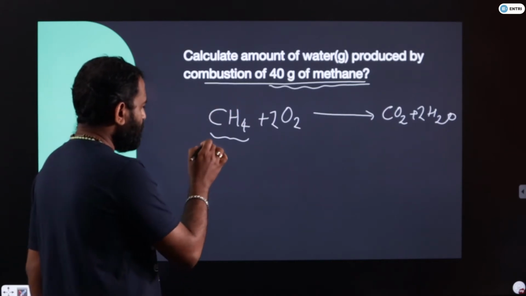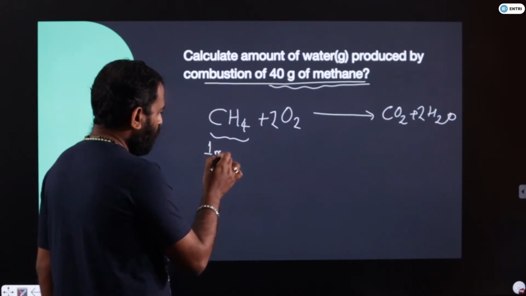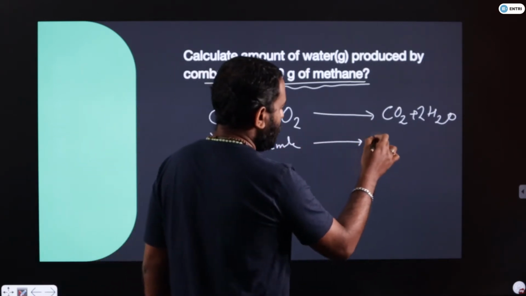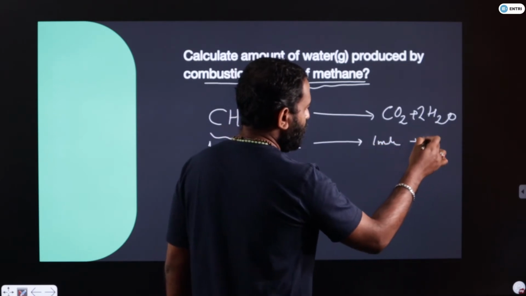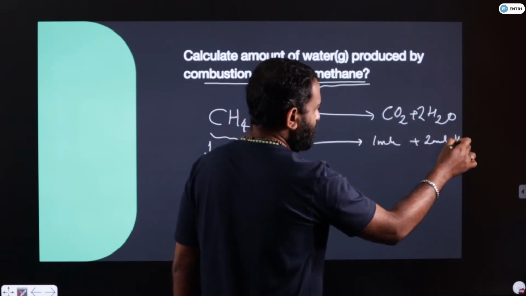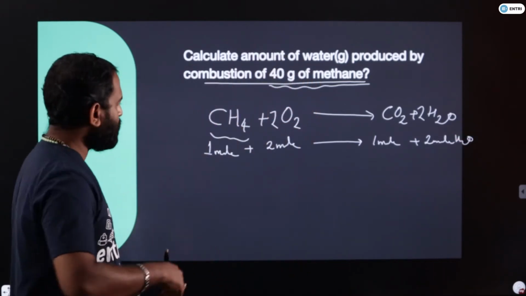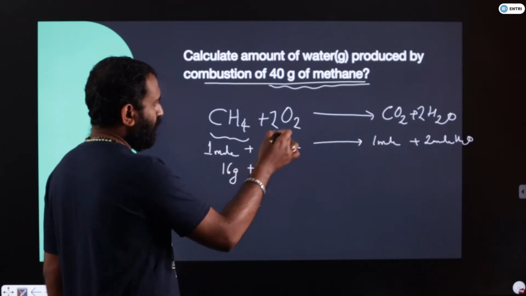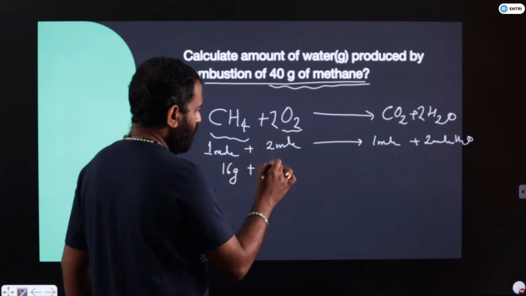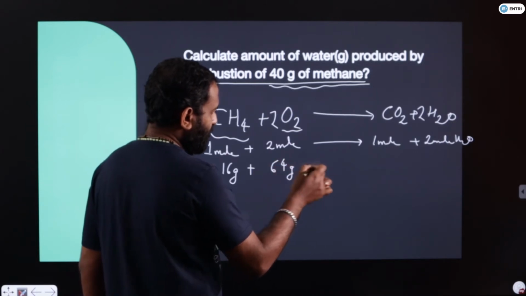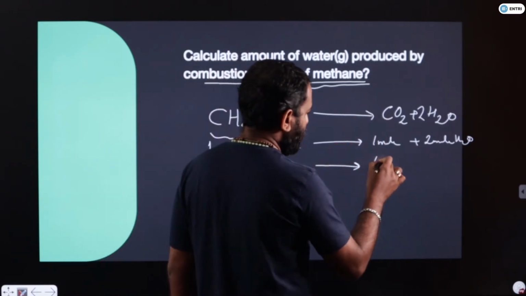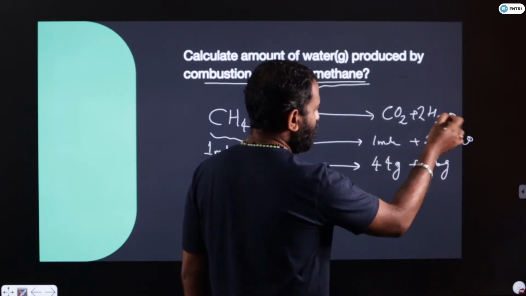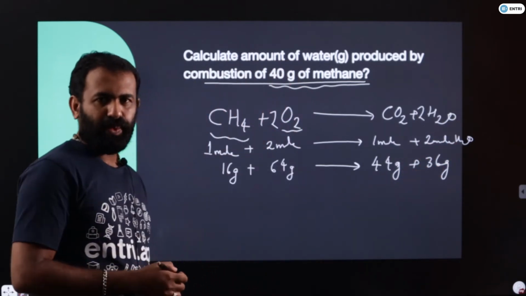Then by stoichiometry, 1 mole methane combines with 2 mole oxygen to give 1 mole carbon dioxide plus 2 mole H2O. In terms of mass in gram, methane is 16 gram, 2 mole O2 is 64 gram, carbon dioxide is 44 gram, and 2 H2O is 36 gram, since H2O is 18 gram.